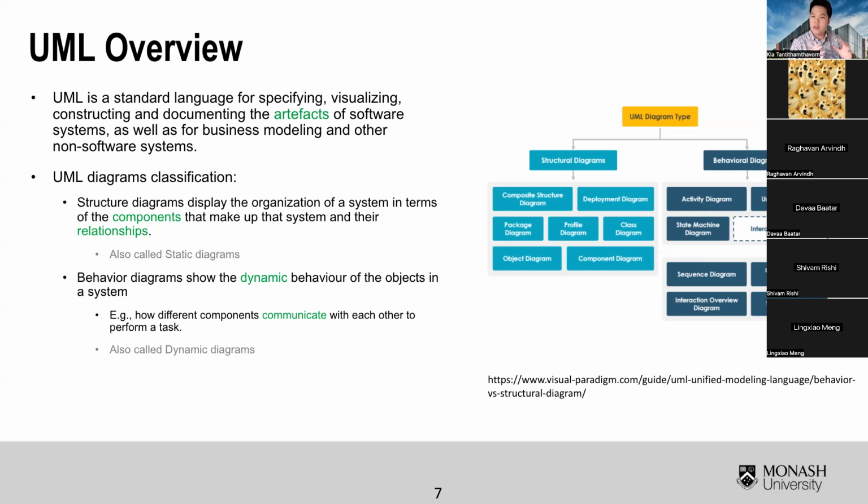The first one on the left is the structural diagrams. We talk about the structure of the software system, and on the right side of this figure, that's the behavioral diagrams. We use the UML diagrams to visualize the behavior of the software system.